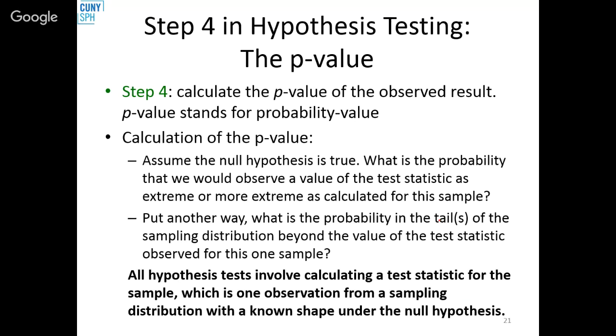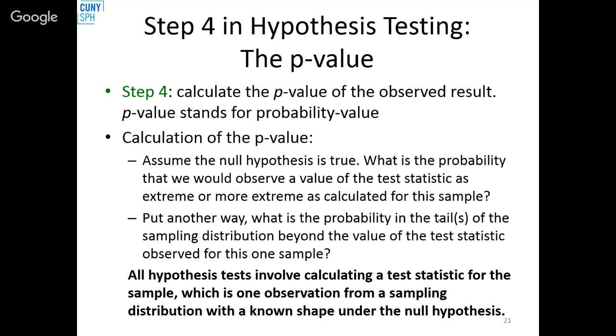Step 4 is to calculate that p-value from your known hypothesized null distribution, and it is the probability under the tails of that distribution from your test statistic and everything beyond it. And generally, it's a two-tailed distribution.